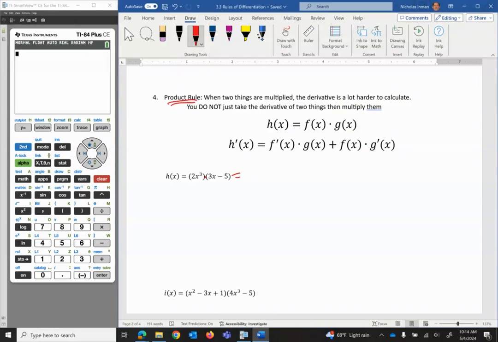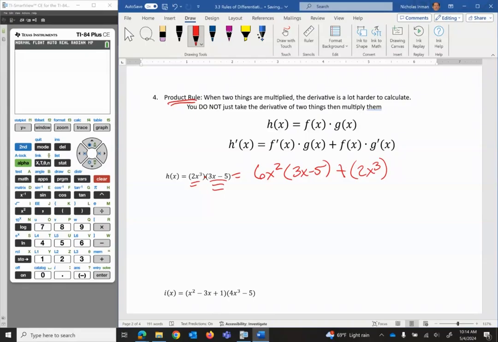The product rule says take the derivative of the first thing. So what's the derivative of this first thing? Well, 3 times 2, that's 6x squared, times the second piece just left alone. You then add the first thing just left alone times the derivative of the second piece.